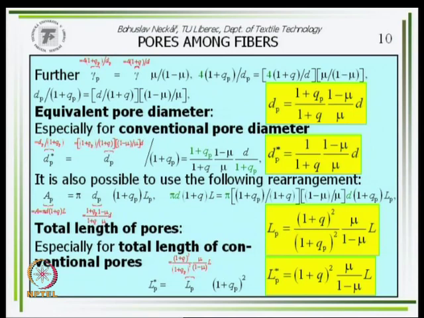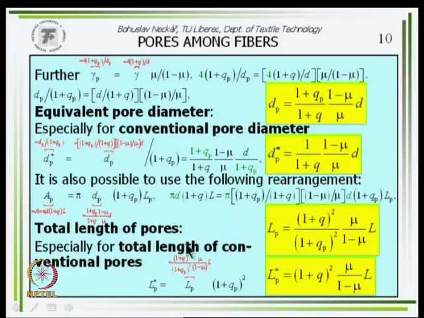You can calculate the conventional pore diameter without knowledge of the structure of your material, of your fibrous assembly, and you needn't have the knowledge about your earlier work with the red pen. It's a conventional pore.